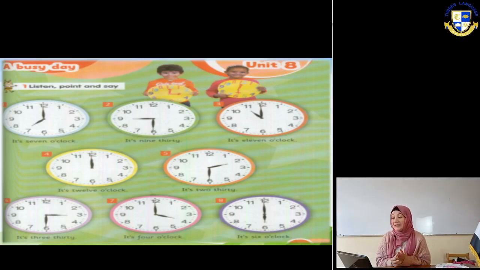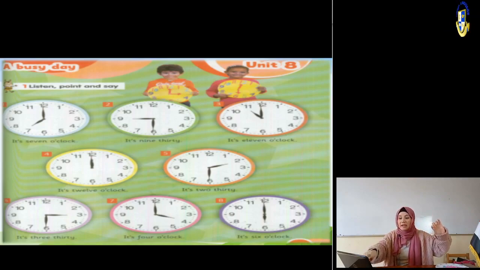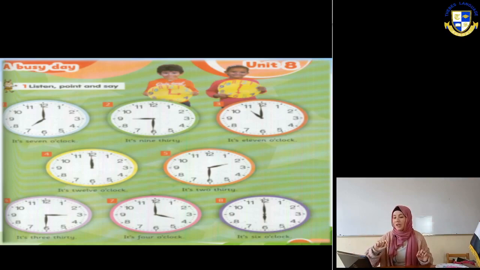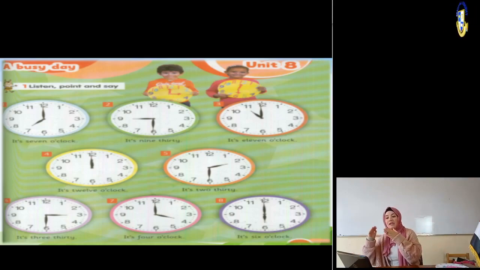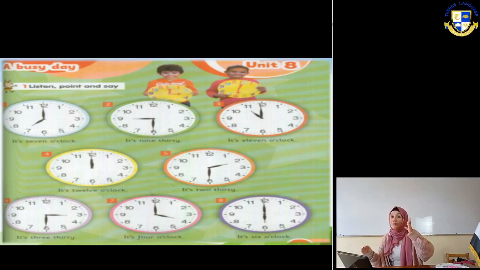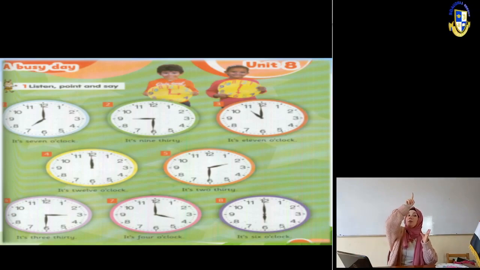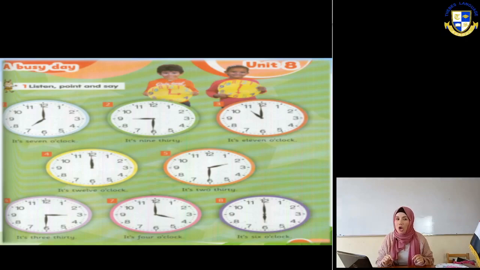Now, when we tell the time, we say the number of the short arm first. Can you see? Example, it's 3. Then we say the long arm. When it points up to 12, it will be o'clock.